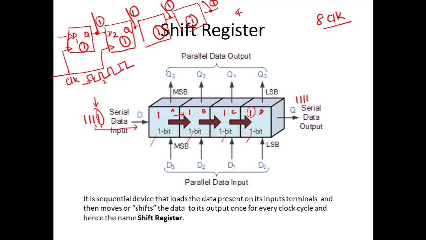That is said to be serial data input and parallel data output. So we need only 4 clock pulses for getting the output in case of SIPO. The number of clock pulses is getting reduced here.